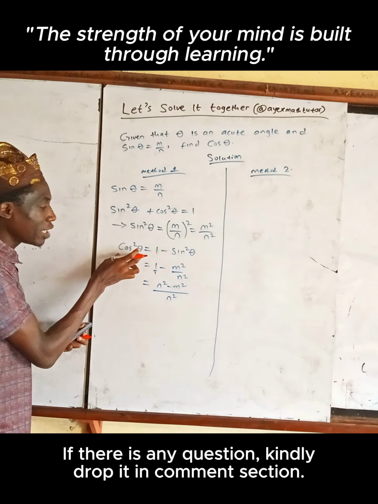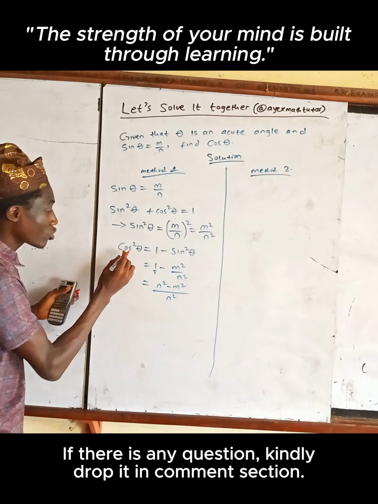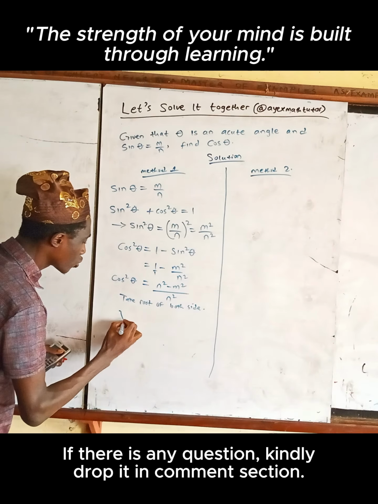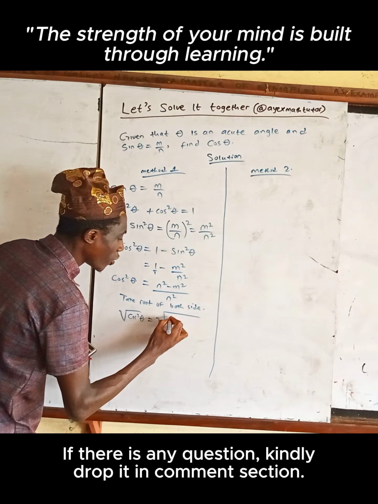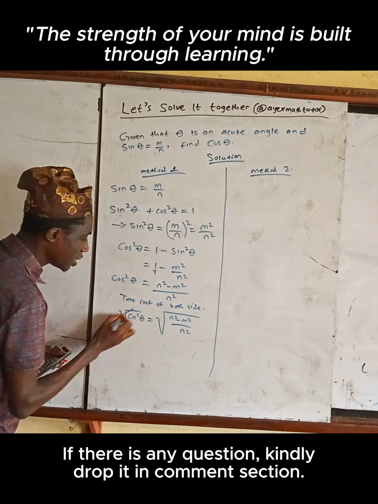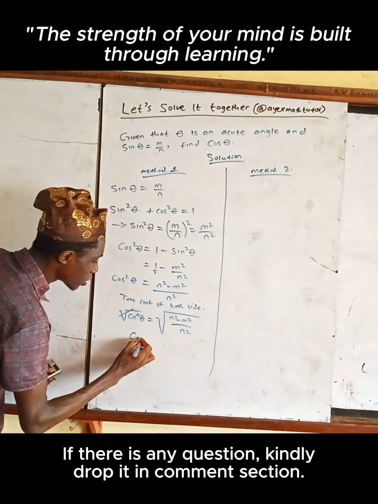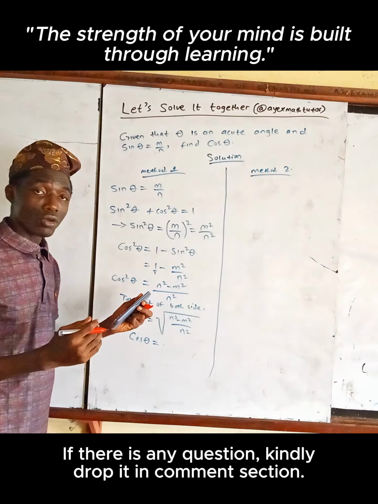Are you getting it? From here, you can easily take the square root of both sides. The square root of cos square theta is equal to the square root of n square minus m square divided by n square. The root cancels the square, so you are going to have cos theta is equal to the square root of the numerator, the denominator will also take its own.